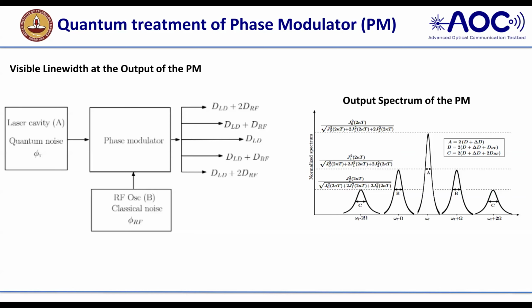You see that the central frequency at the center A is not affected by the phase noise of RF, whereas the first sideband accumulates the phase noise of RF. Similarly, at the higher sidebands, the phase noise of RF keeps accumulating, getting added.